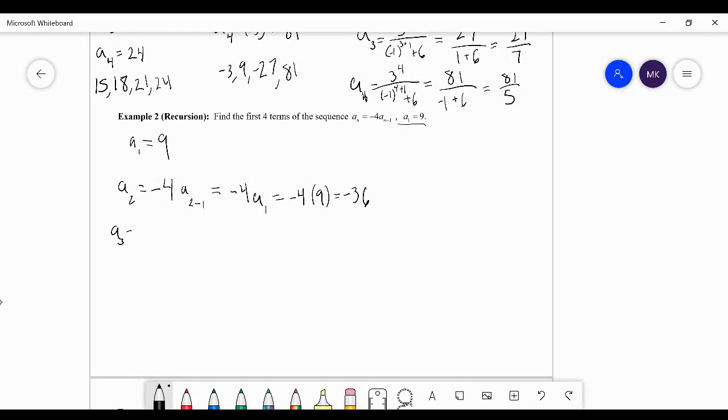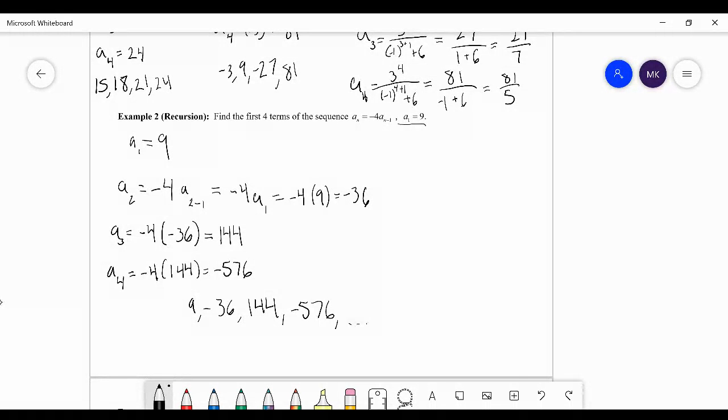So a sub 3 is going to be -4 times the previous term, so -4 times -36, which gives us a positive 144. And a sub 4 is -4 times the previous term, which gives us -576. So our sequence is 9, -36, positive 144, -576, and so forth.